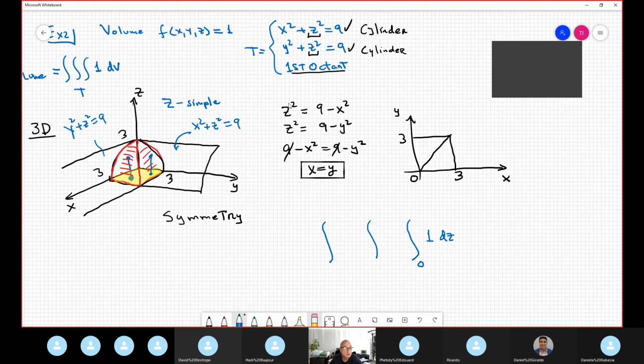So I make a decision to do this, okay, or to do this. We have two possibilities. Let's do it in this order. In this order, my z goes from 0 to the z when you isolate here. When you isolate here, the z is equal to the square root of 9 minus y squared.